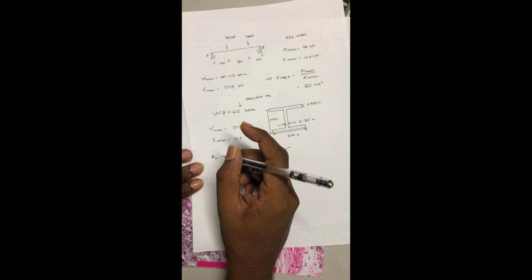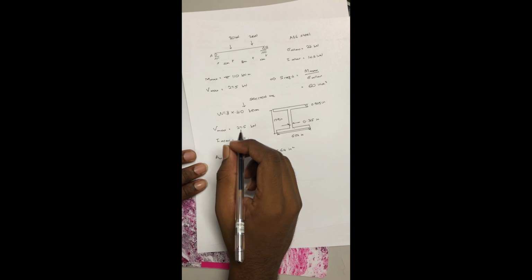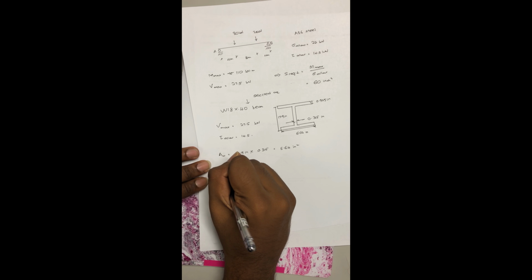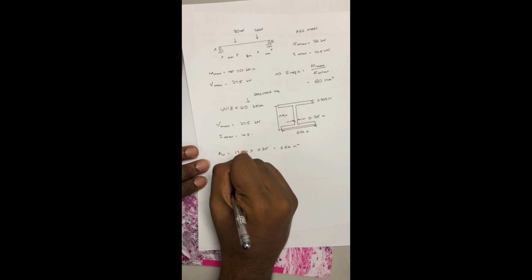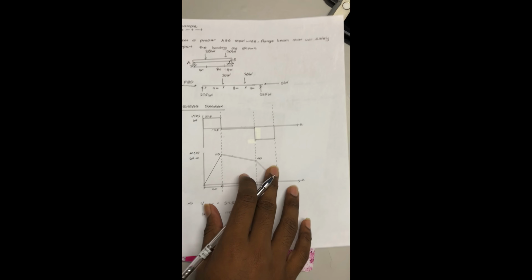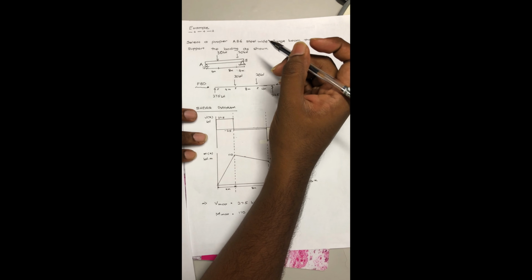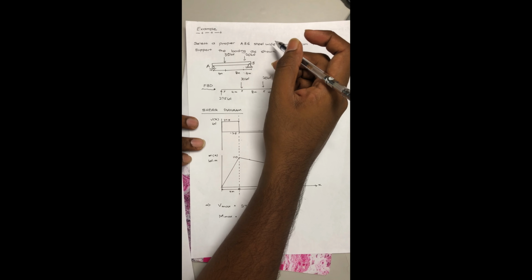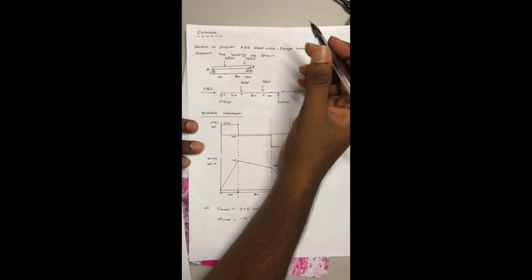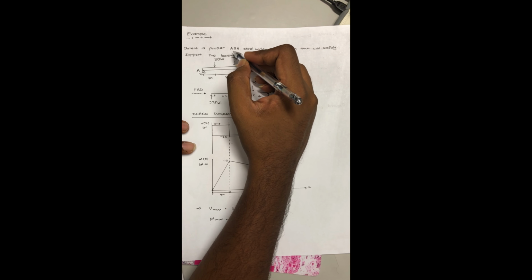So the average shear that we're going to find from the question just now: the applied shear must be less than the allowed shear of the A36 steel.